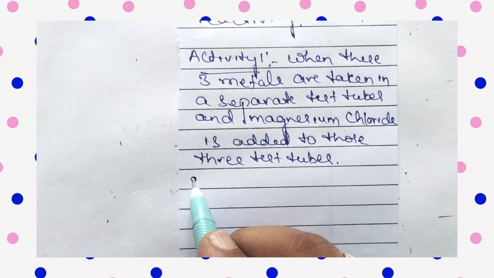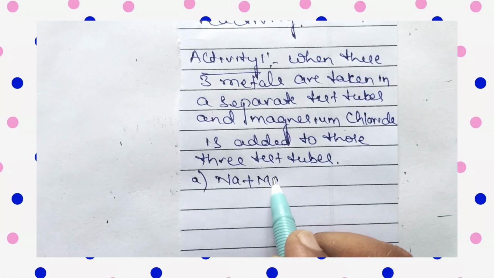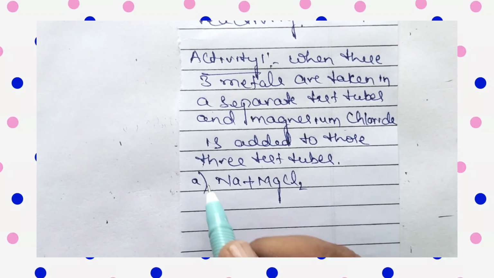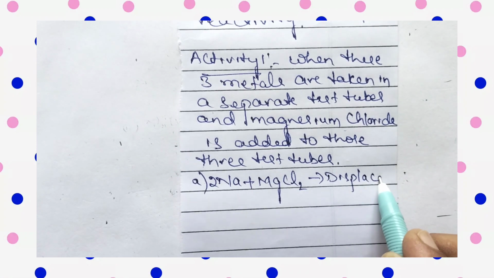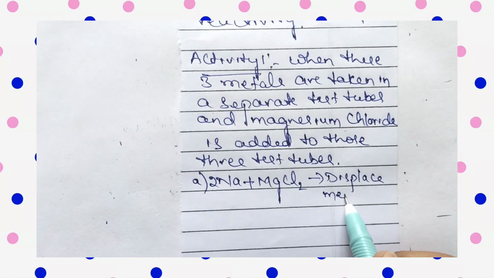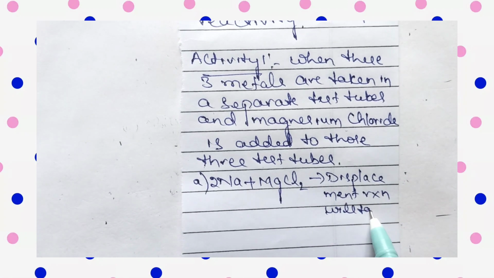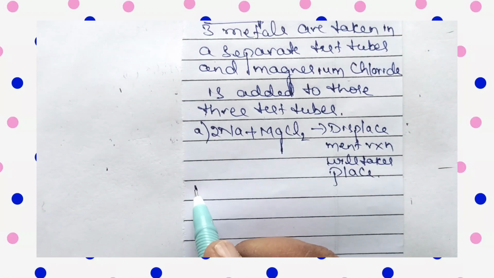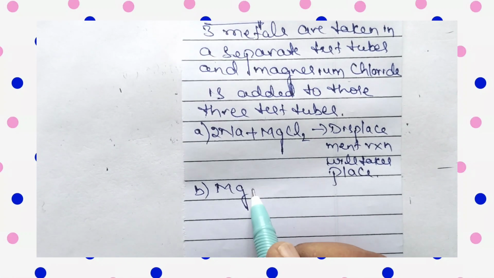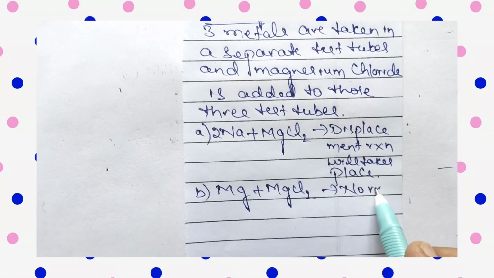Take the first test tube. It contains sodium: sodium plus MgCl2, 2Na plus MgCl2 gives rise to, a displacement reaction, because sodium is more reactive than magnesium, so a displacement reaction will take place. This is the first test tube. In the second test tube, if magnesium chloride is added to magnesium, no reaction takes place.